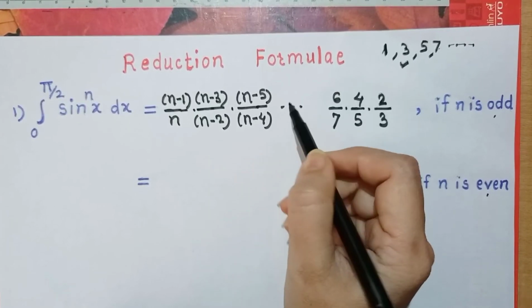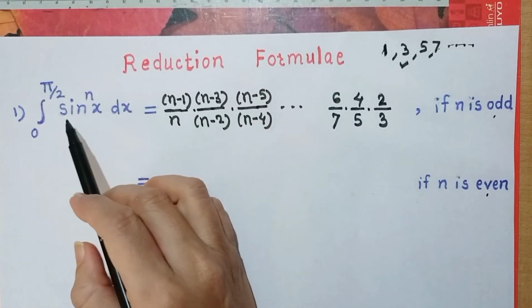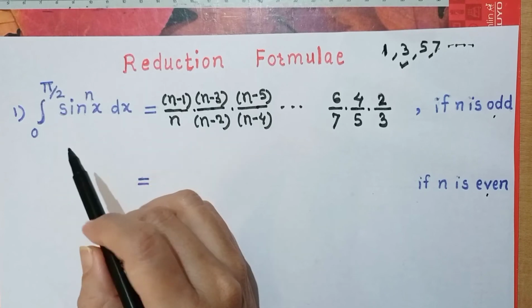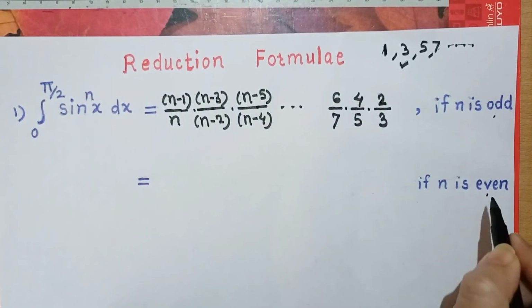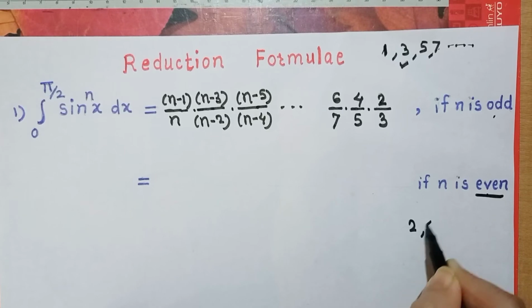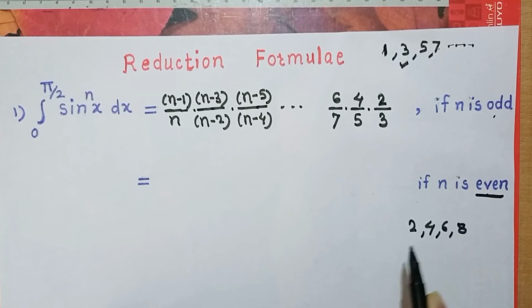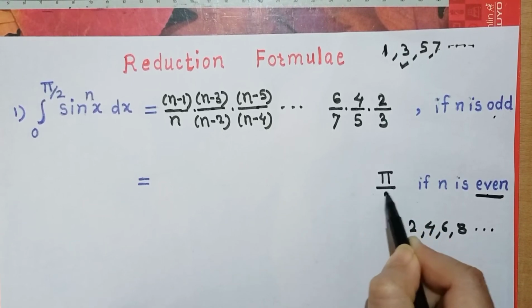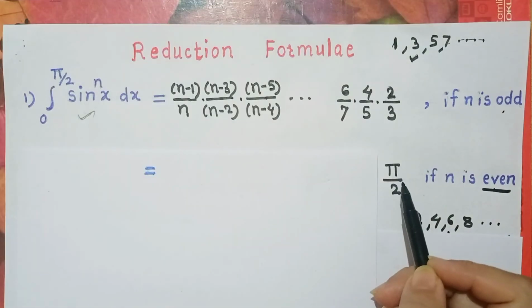So this is the formula to find the integration of sine of x raised to n from 0 to pi by 2. Now if n is an even number, we know 2, 4, 6, 8 and so on, so extra you have to multiply first pi by 2. Why this pi by 2?